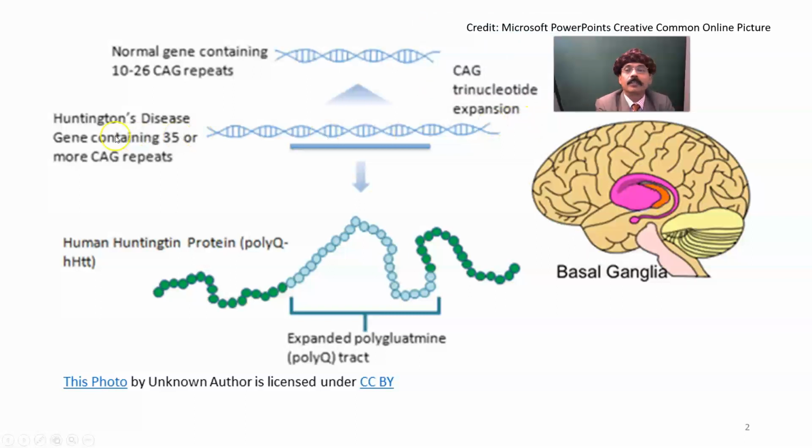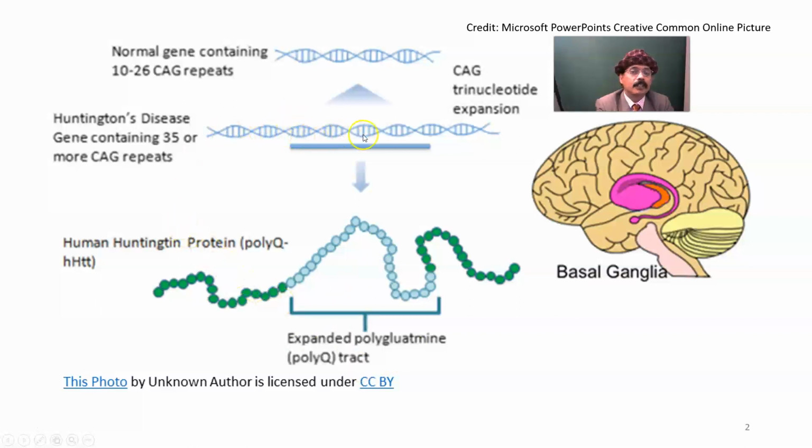What happens here? We have normal gene, 10 to 26 CAG usually. But in Huntington disease, the gene contains 35 or more CAG repeats. There is CAG trinucleotide expansion. We have an expanded polyglutamine tract here.